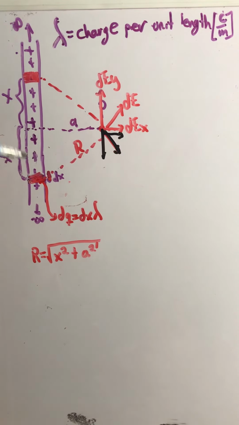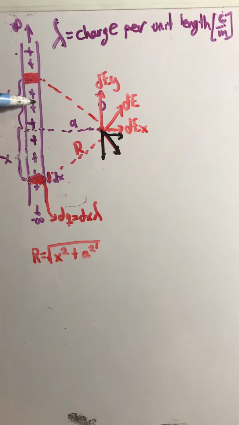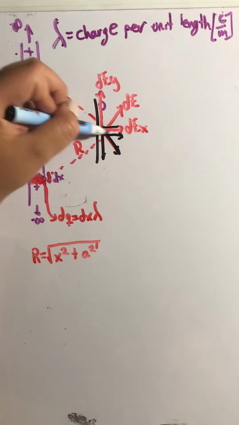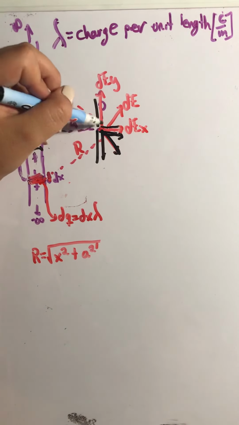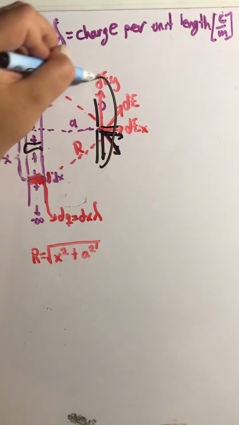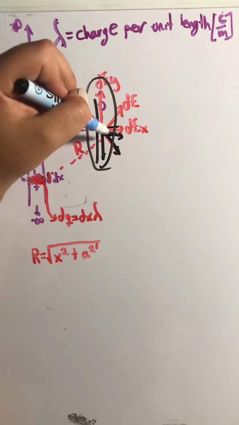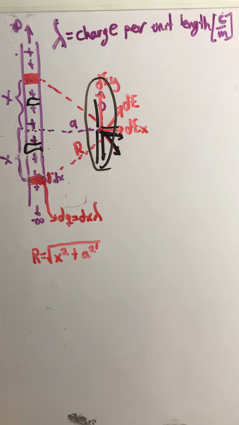For every negative x there's going to be a positive x distance, because it goes all the way from negative infinity to positive infinity. So every y component of all the electric fields will cancel, and you just have the x components.